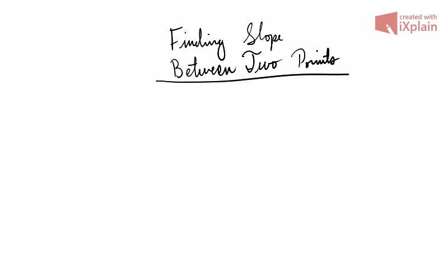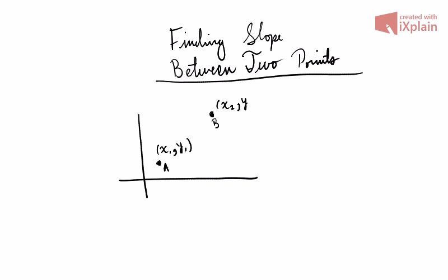So finding the slope between 2 points. On a graph, if we have 2 points A and B, I am given an X pairing here and a Y pairing here. I'm also given an X pairing here, which is X2 and Y2.